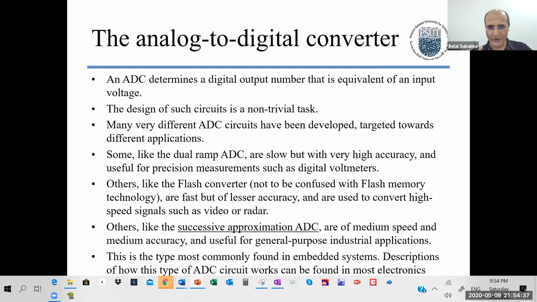For us as embedded designers, we need to know the ADC characteristics, but we don't really need to know what's going on inside the ADC. There are dual ramp ADCs, flash converter ADCs, and successive approximation ADCs, which is the most common, and the one used in this microcontroller. In general, I won't explain it, but you take the analog voltage, take the allowed voltage range from 0 to 5, and start by going to the middle, 2.5 volts, feeding it to a digital to analog converter.